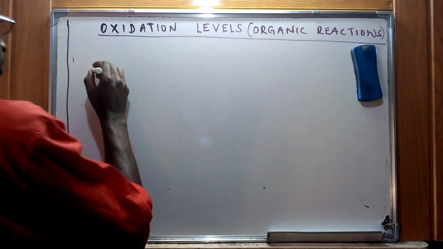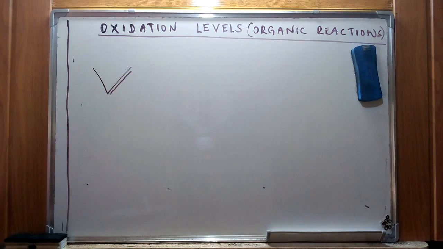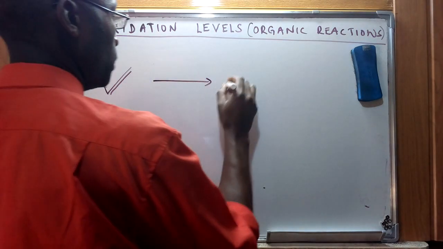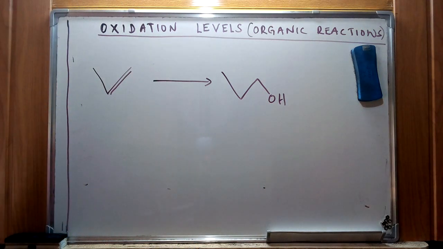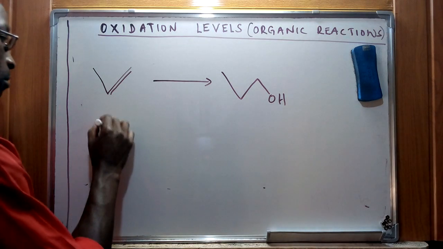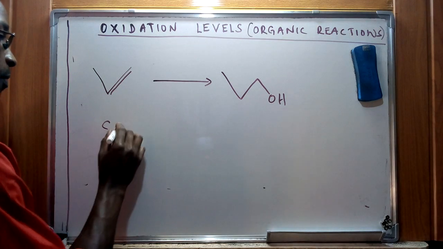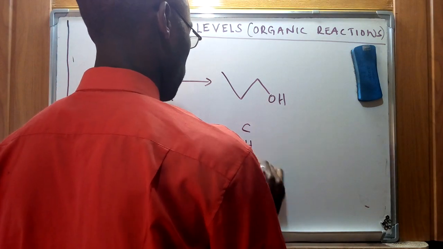Suppose I have propane being transformed into an alcohol of that nature. In the first case we have carbon and hydrogens, and in this case we have carbon, hydrogens, and oxygen.